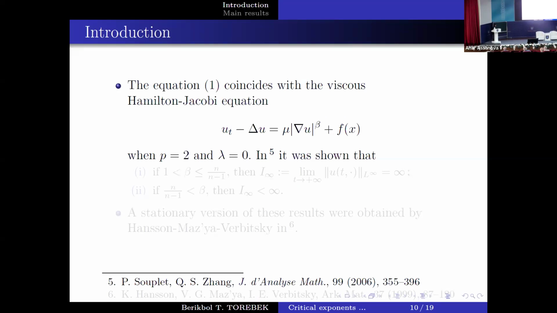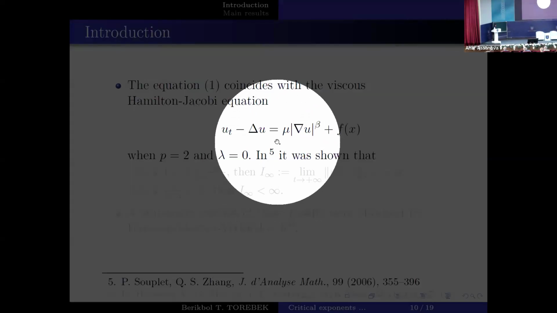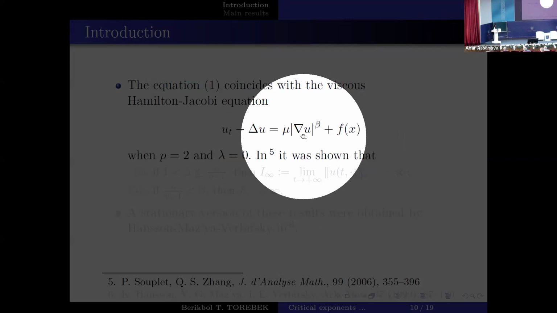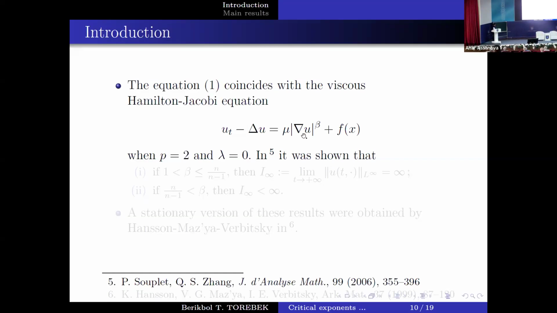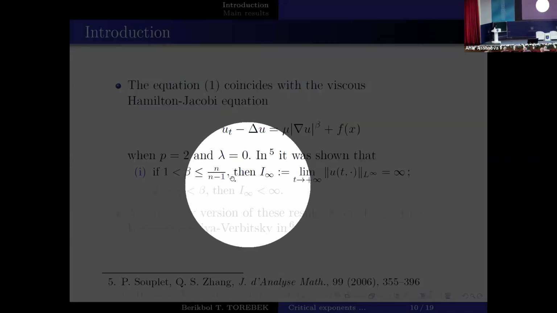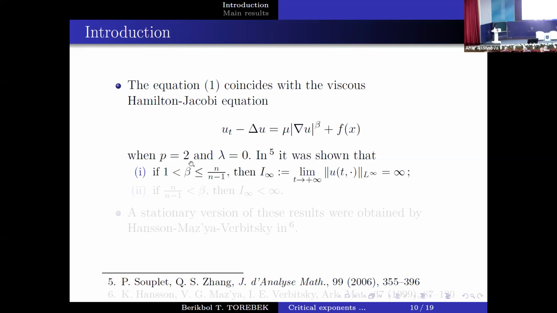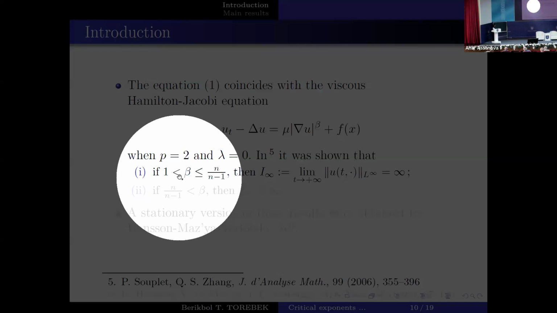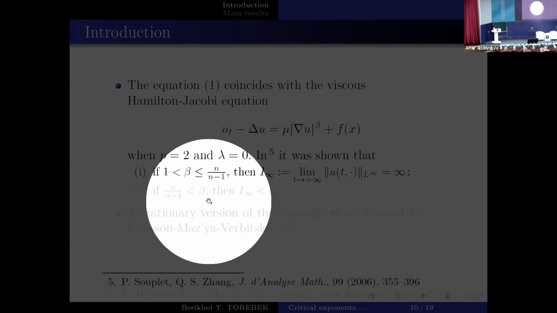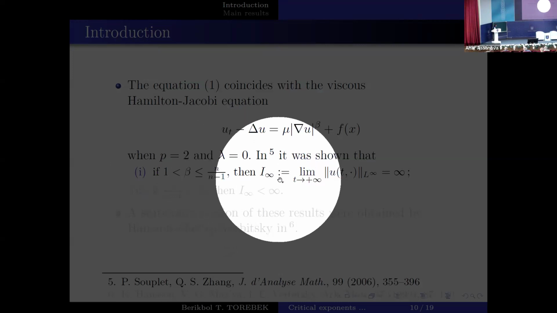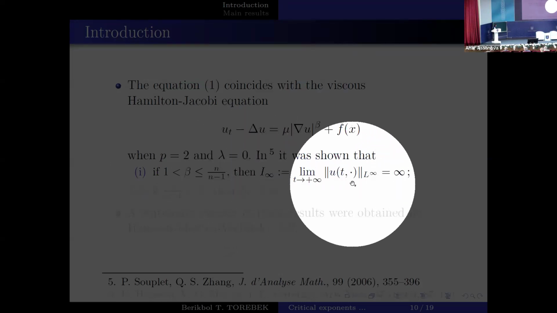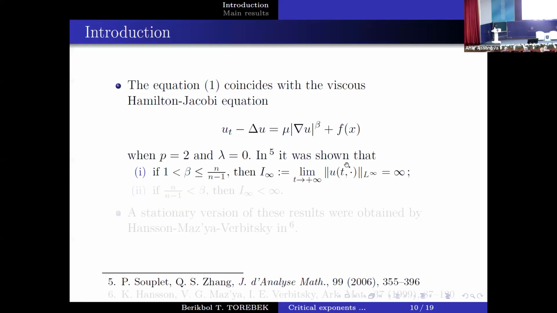In 2006, Philippe Souplet and Jean considered this kind of semilinear parabolic equation with a forcing term, but with gradient nonlinearity. And he proved the following results. Here there is only a global solution, but when β is between 1 and n divided by n minus 1, then when t goes to infinity, the norm of the solution of this problem will be infinite.